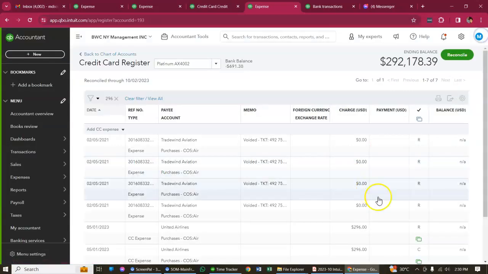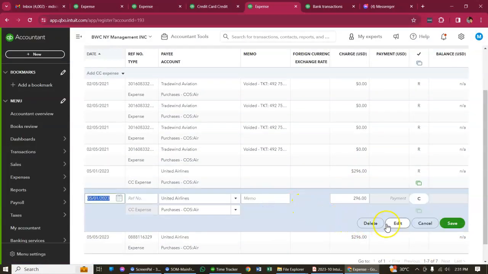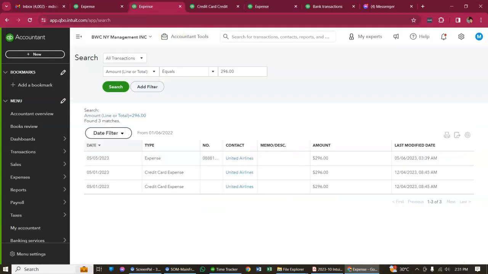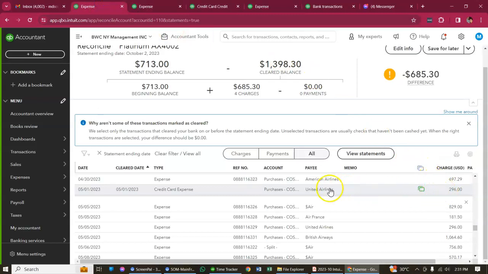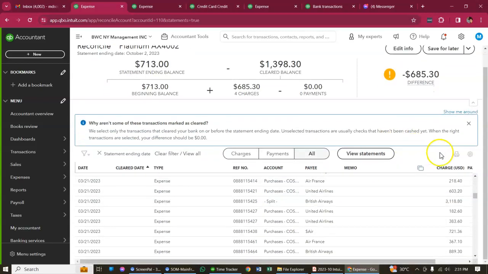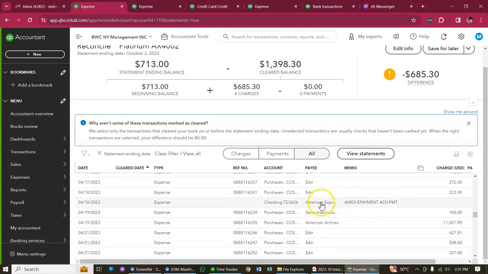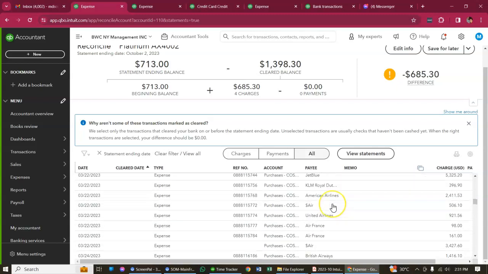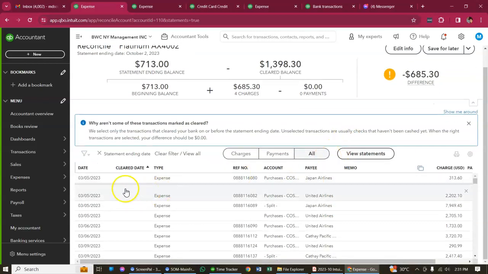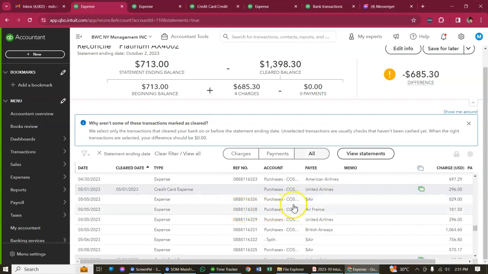Okay, since these two are not cleared, we can just delete these two, which is this inside here. We delete this. Where is it? 296.